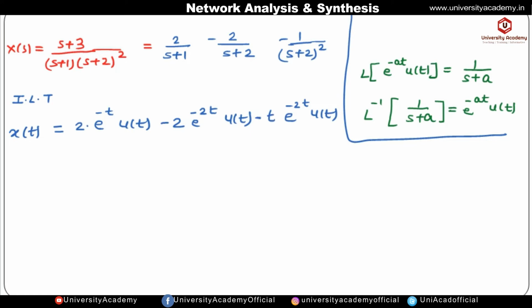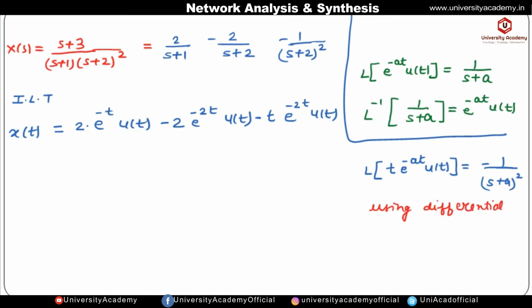Because the Laplace transform of t into e to the power minus at into u of t is given by minus 1 by (s plus a) whole square. So I have told you this property. This is obtained using differentiation in frequency property. In the last lecture I have told you this property, the differentiation in frequency property.